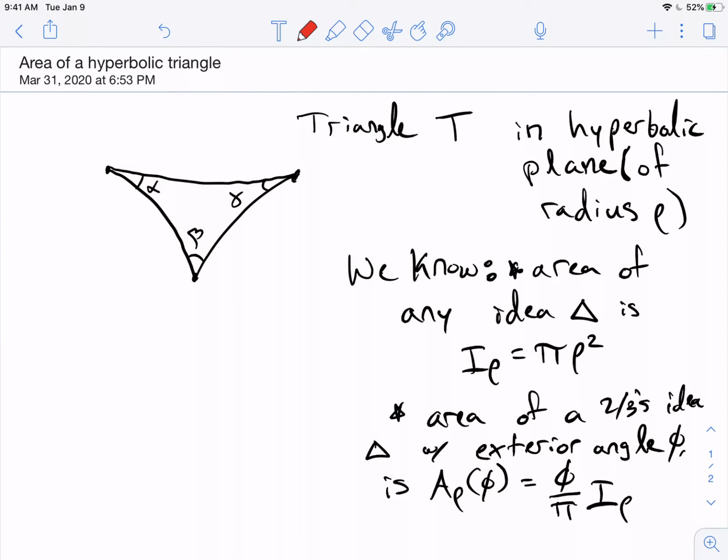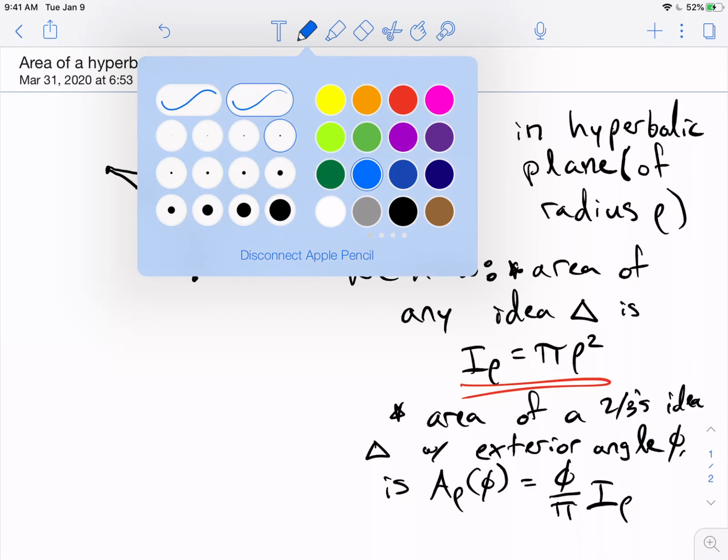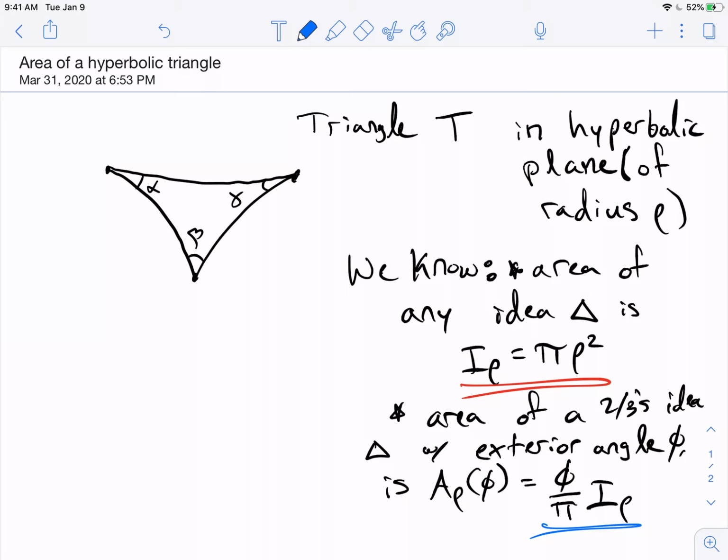And what I claim is that with these two facts, we should be able to, using some geometry, figure out the area of an actual triangle with 3 vertices.